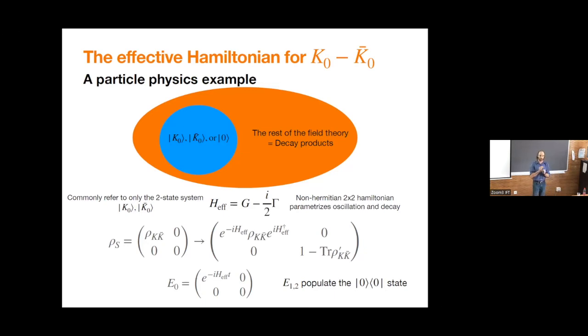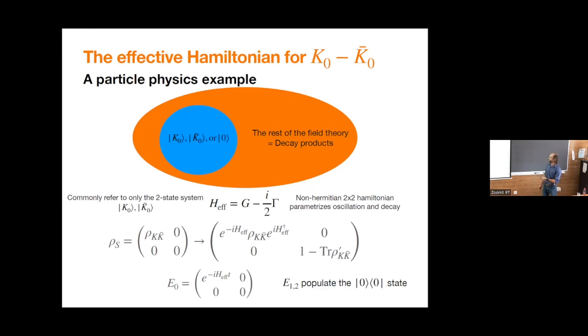So if I were to focus only on a system of kaons, this is an open quantum system because the kaons have some decay products, and I can imagine tracing over those decay products to get an effective evolution of only my KK bar system. So now, what are the outcomes that I can observe if I have a KK bar system only? Either I find a kaon, I find an anti-kaon, or I find no kaons at all, right? So there's a 3-state system that is my system of interest in this case.